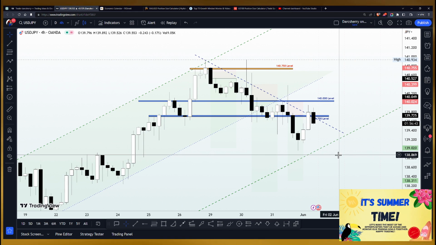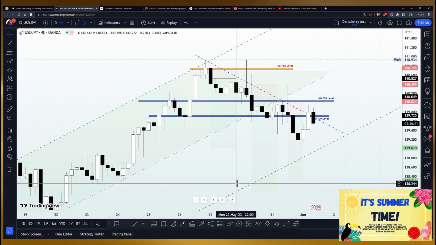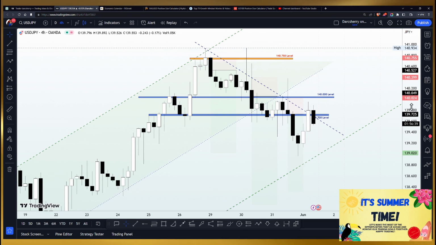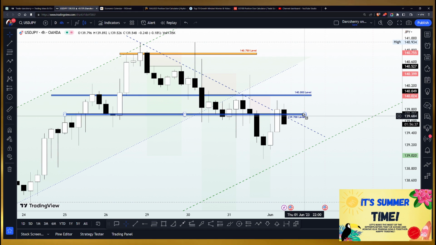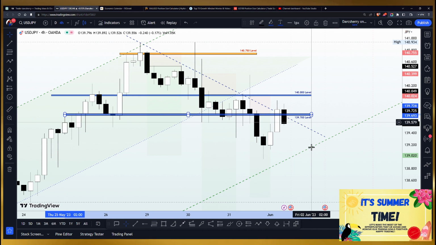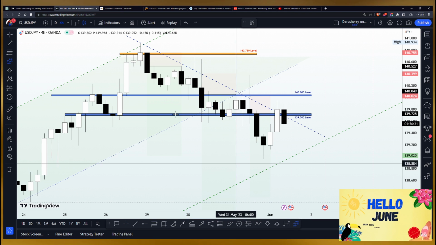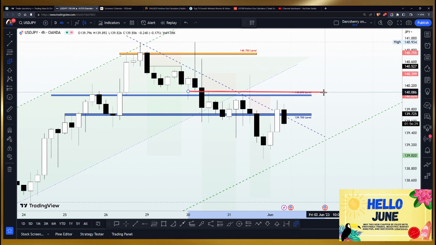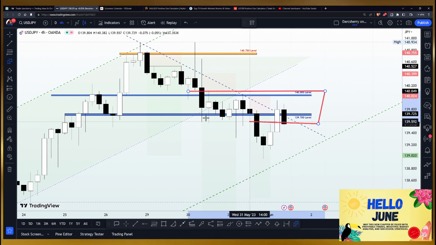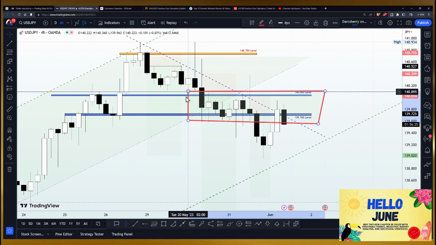During our live session yesterday, we acknowledged two structures here. That is the 140.00 level and the 139.700 area. And one thing we said yesterday is that as long as price action remains below the structures, we continue to feel bearish in this market.